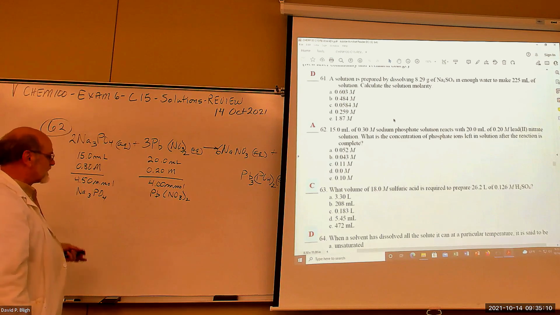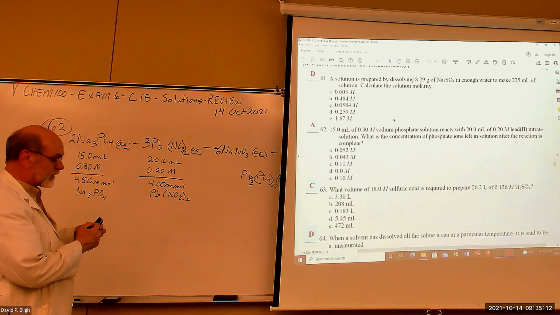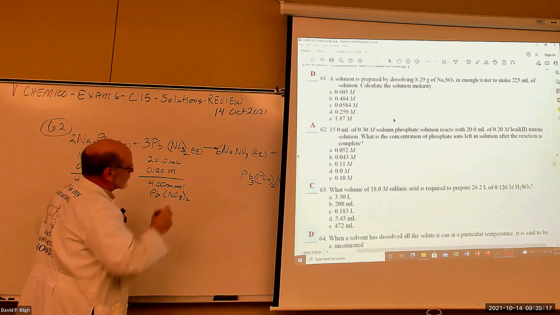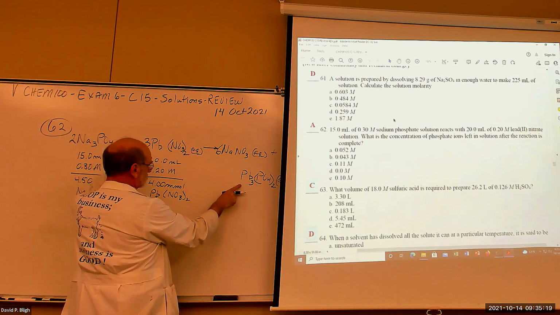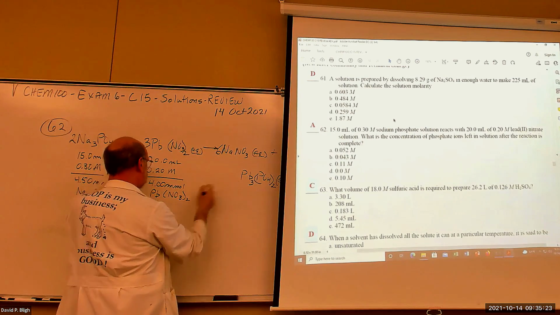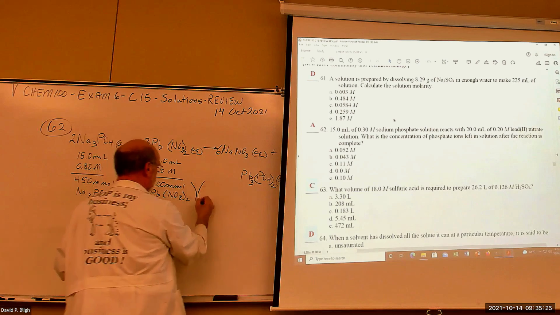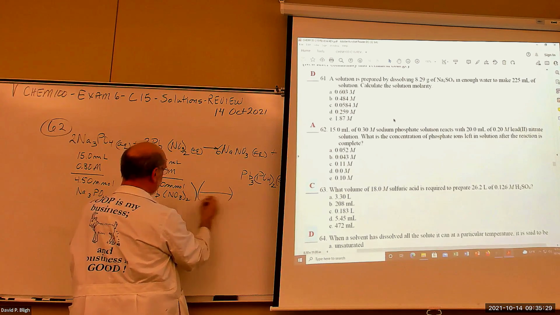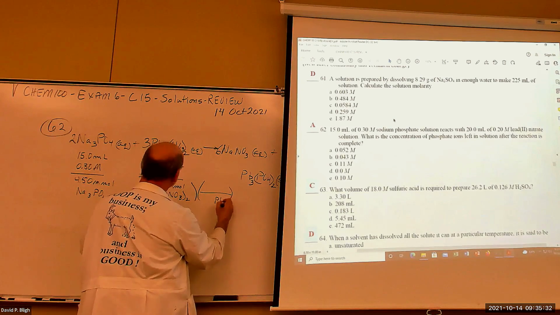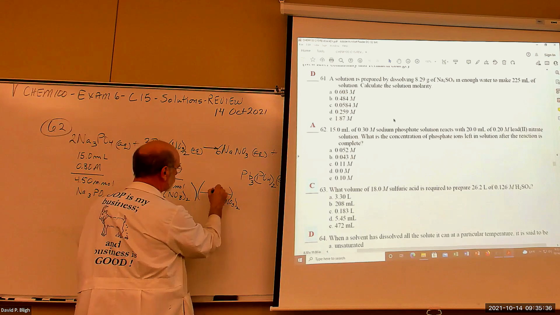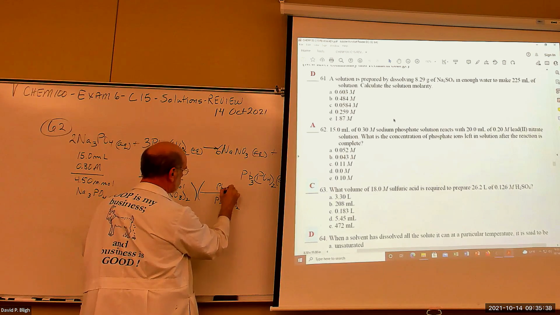So which one is limiting? Well, we can use millimoles. We just need to say, what's the ratio of this one to that one? Well, for every 3 of these, you get 1 of those. So if we take this, we need to cancel lead nitrate and leave us with lead phosphate.